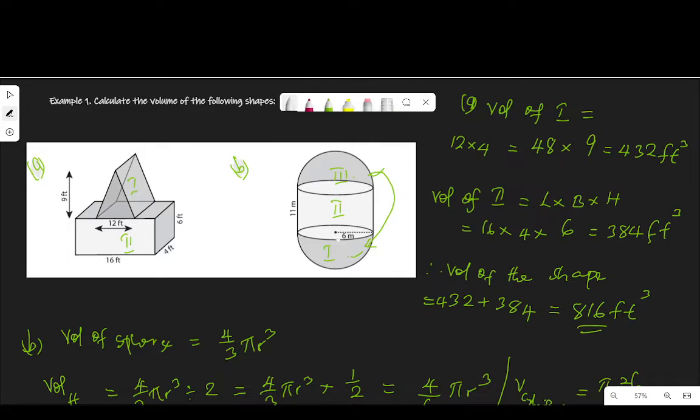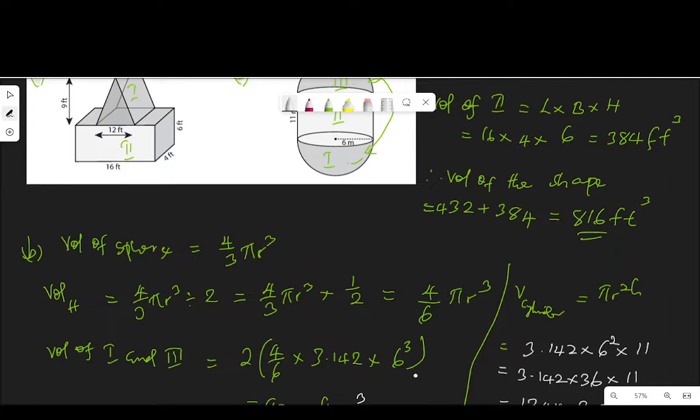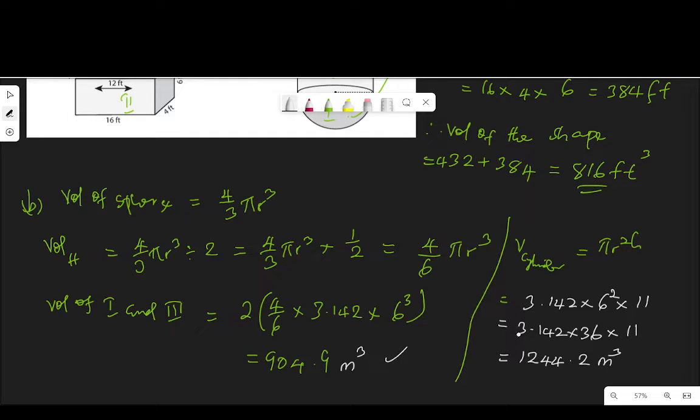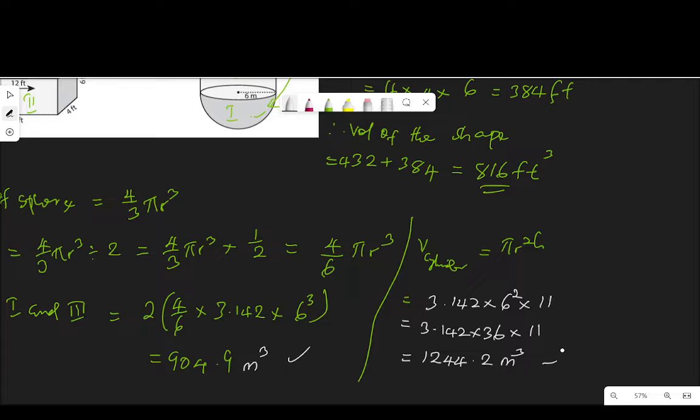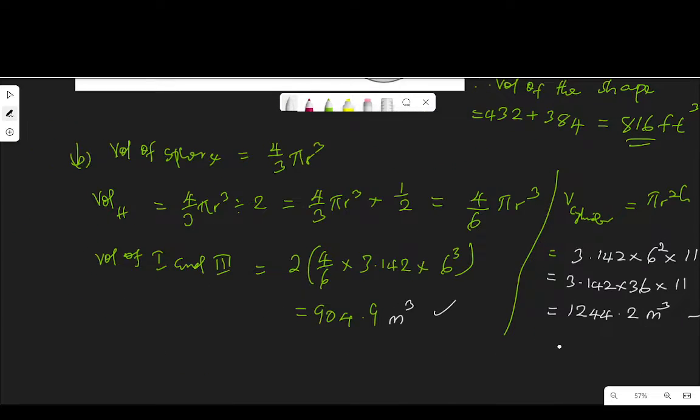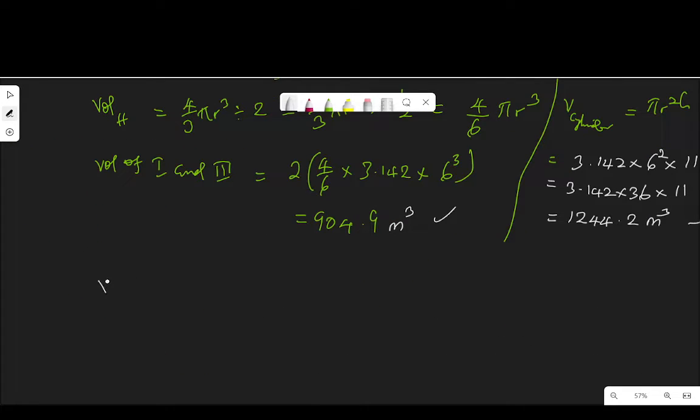Therefore, volume of the whole shape will be the volume of the two hemispheres, which is here, plus the volume of the cylinder, which is here. Let's add up the two to give us the volume of the shape. 904.9 plus 1244.2.